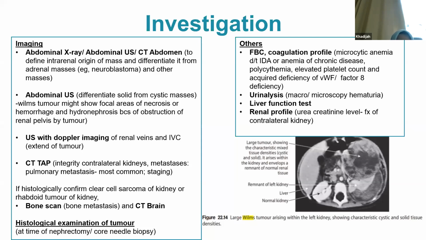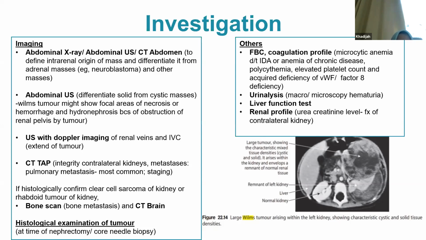Other investigations include full blood count and coagulation profile to look for any microcytic anemia, which might be due to iron deficiency anemia or anemia of chronic disease. We can also look for polycythemia, elevated platelet count, and acquired deficiency of von Willebrand factor or factor 8 deficiency.